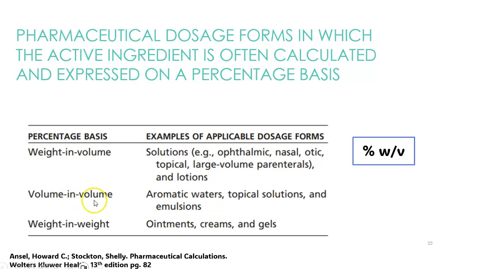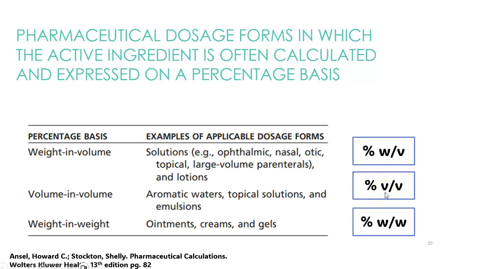Then we have volume in volume, which is a liquid in a liquid. So think about it. If you have a beaker with water and you throw some alcohol in that water, that is now a volume in volume solution because you are adding a liquid in a liquid, and the expression percentage volume in volume is used. Now, weight in weight is used for ointments, creams, and gels, which are your semi-solids.